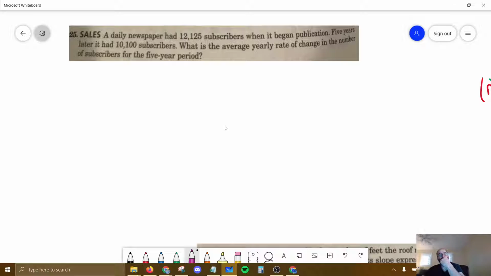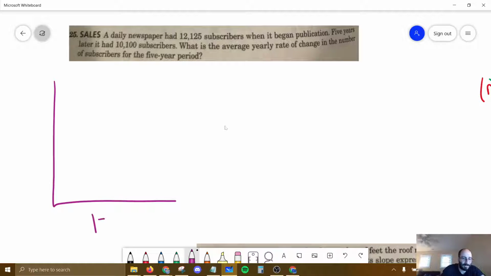What is the average yearly rate of change in the number of subscribers for the 5-year period? So if we express this as 2 points, let's express time as x. If we had a graph here, we would have time, and we would have subscribers.